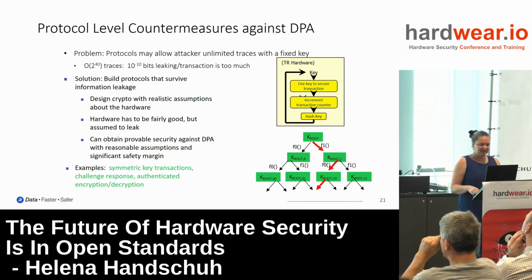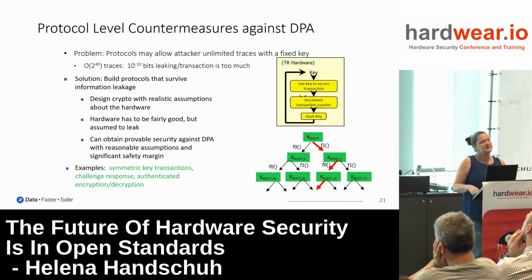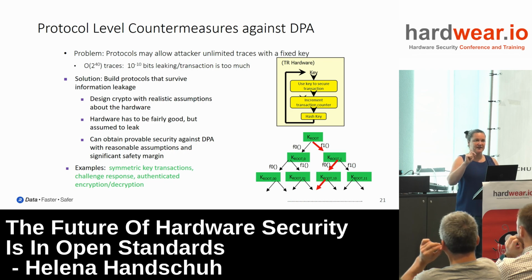So for example, one way of doing this is to use a tree of keys. Instead of always using the same key, you can derive different keys from your first key and walk down a tree, and make sure that each one of those keys only gets used a few times, not enough for an attacker to run statistical analysis on the traces.